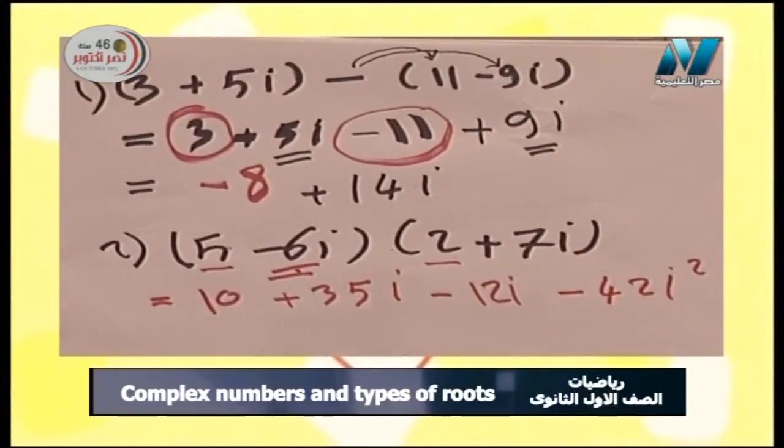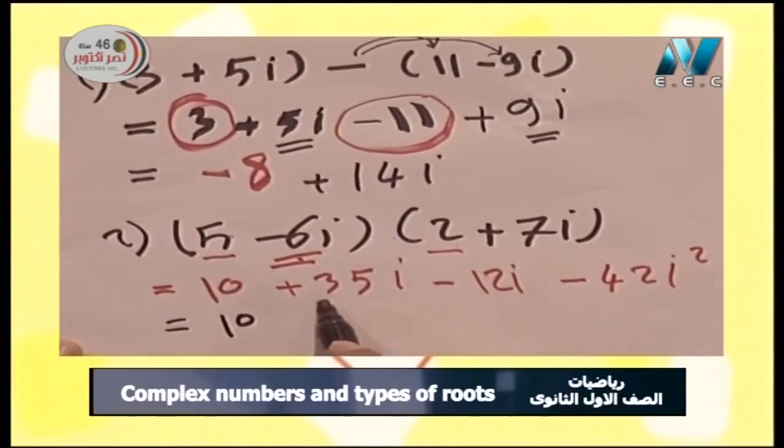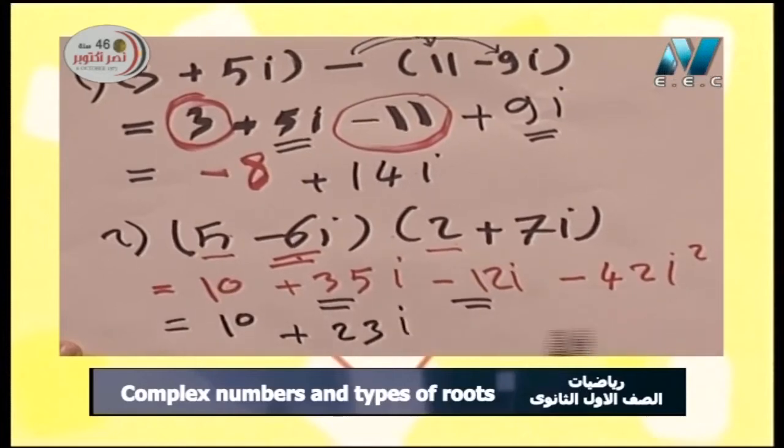Okay, we will add the real numbers. We have 10 here, and we have 35i minus 12i, which equals 23i. And we have also negative 42 multiplied by i squared, which is equal to what?